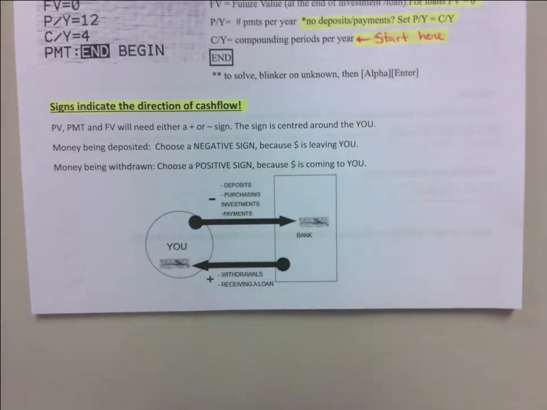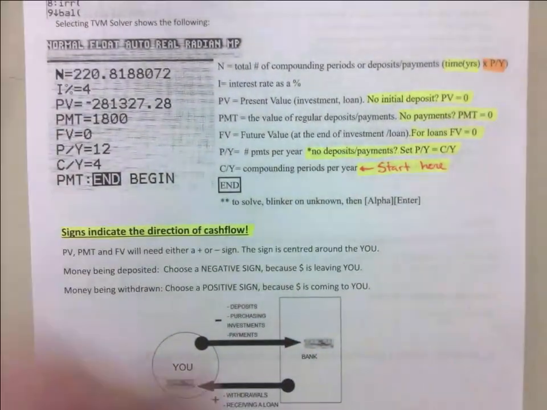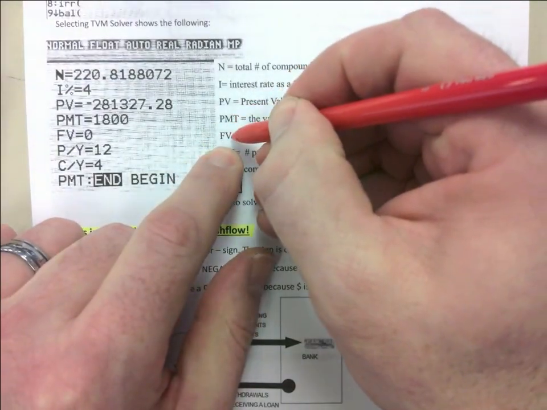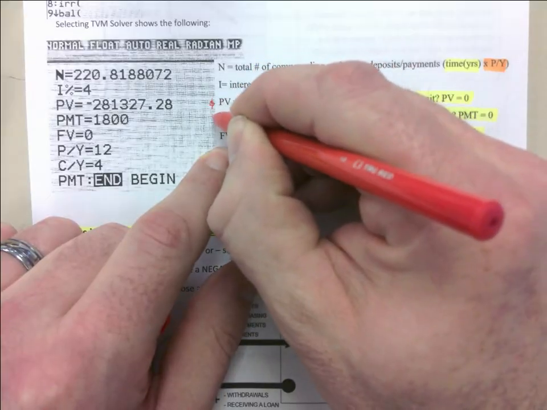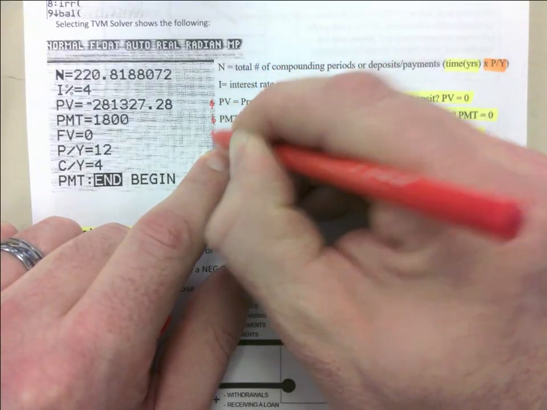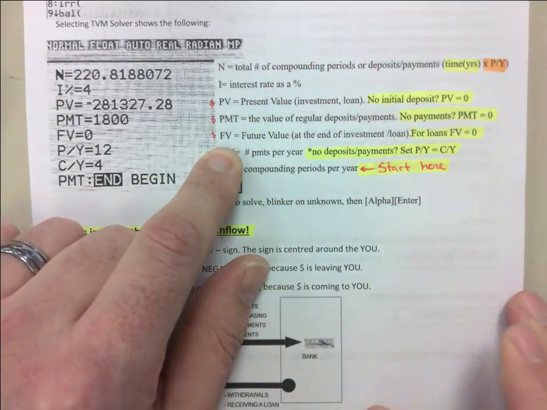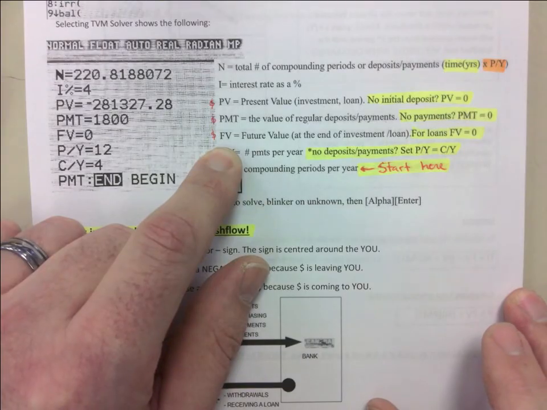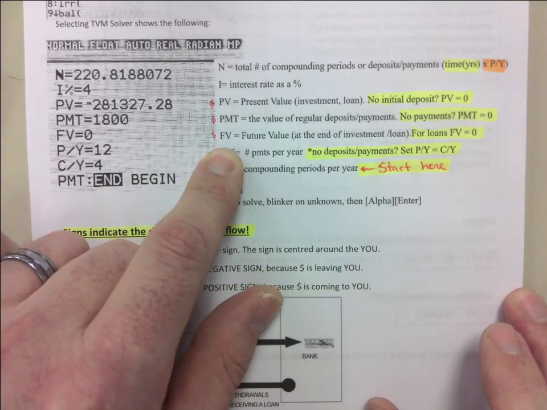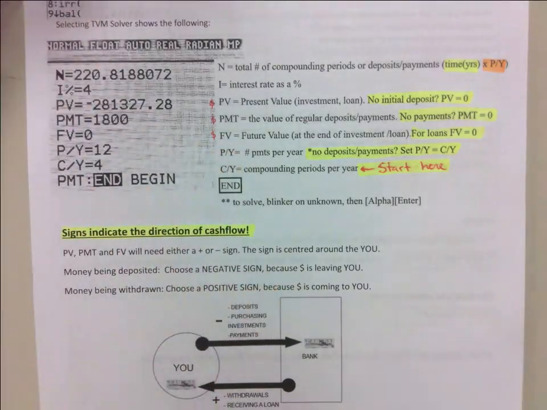I'm going to go back one more time here. PV, PMT, and future value, those are dollar amounts. Those are the only dollar amounts in this calculator. And dollar amounts need to have a sign associated with them, either negative or positive.